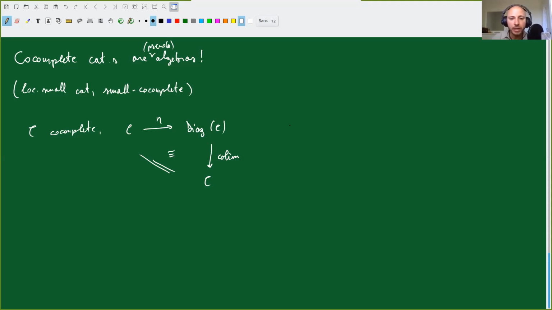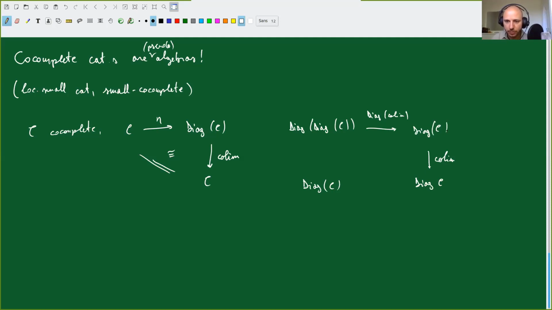More interestingly, the multiplication also will commute up to isomorphism. So is this monad lax idempotent?